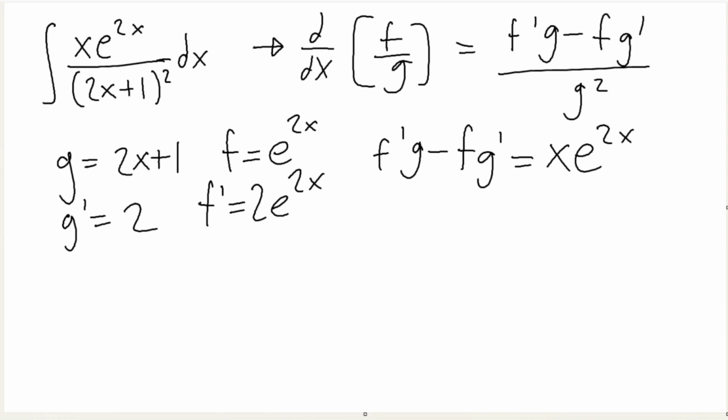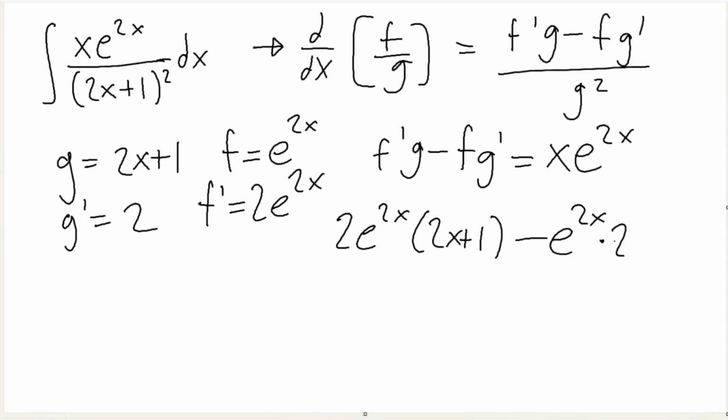Now if we plug it in, we want to make sure that this is true. We plug in, 2e to the 2x times g, which is 2x plus 1, minus f, e to the 2x, times g prime, which is 2.